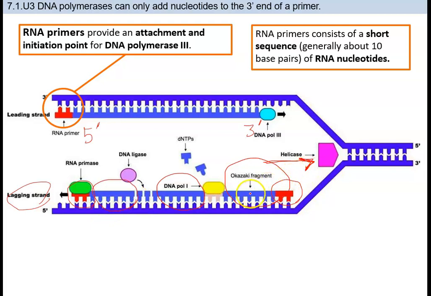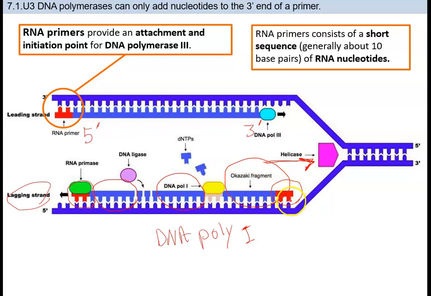Here is the point that you have to concentrate and focus more on, compared to your previous knowledge, and that's the presence of DNA polymerase 1. So this is what is necessary for you to remember as the function of DNA polymerase 1, which it shows here. The function is removing the RNA primer.